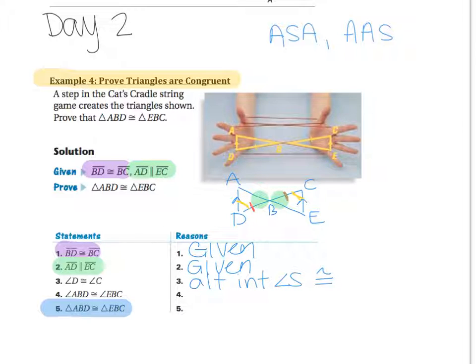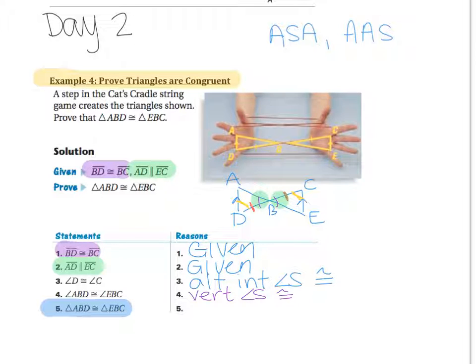And hopefully you've learned that that's the bow tie. I can mark those congruent because of vertical angles.